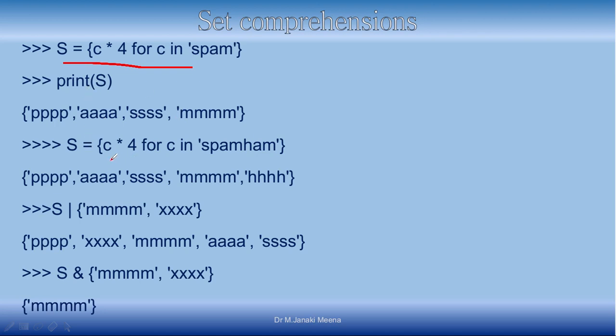And now if I am trying to add spam ham, what will happen is in this spam ham you will see that A and M are getting repeated, isn't it. So they will not come again because sets will not have duplicates, right. So if I give c star 4 for c in spam ham, I will have only 5 elements in total because A and M are repeated, so they will not come into the set again.